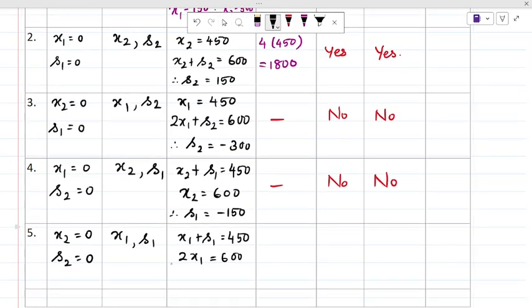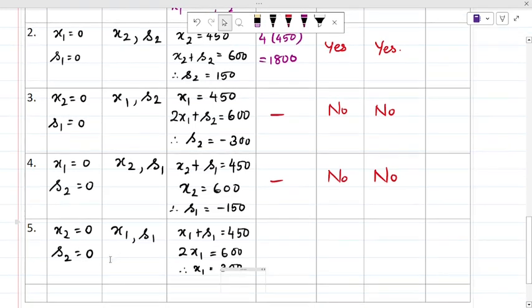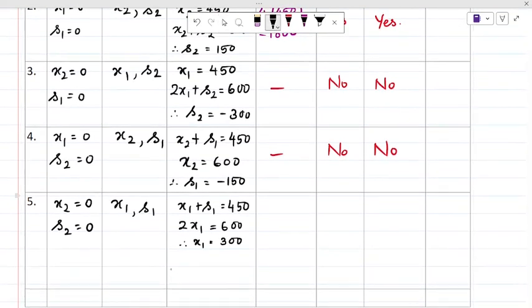So here we have x1 equal to 300 and s1 will be 150. Yes, now this is a solution which we can work upon.